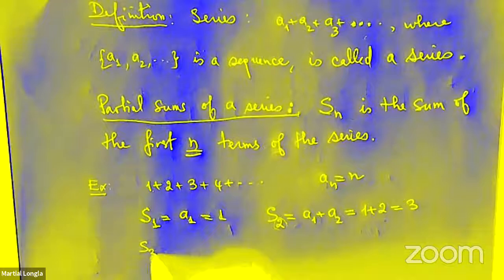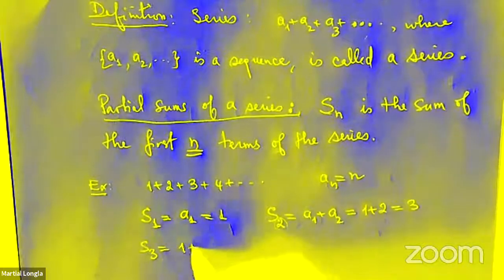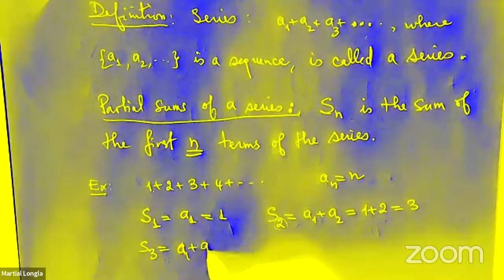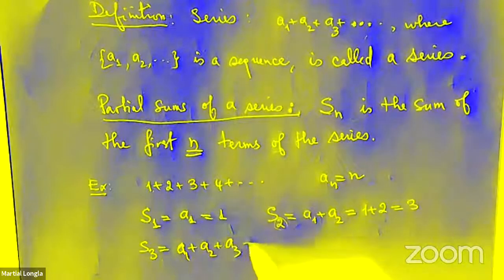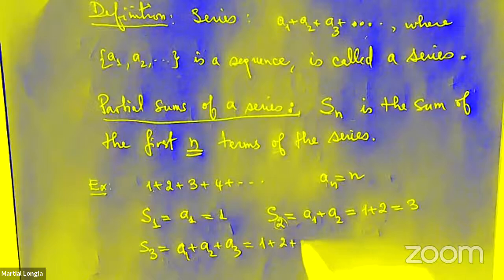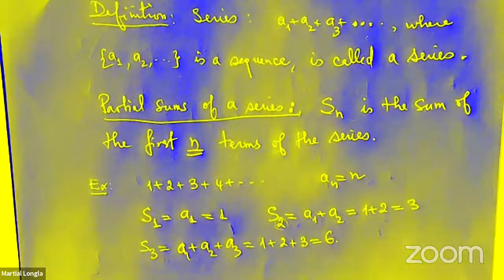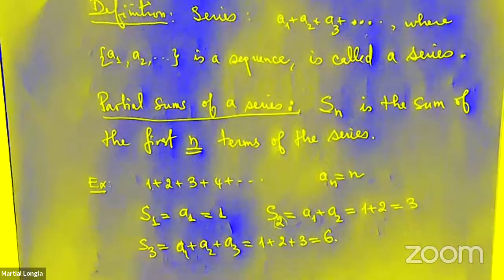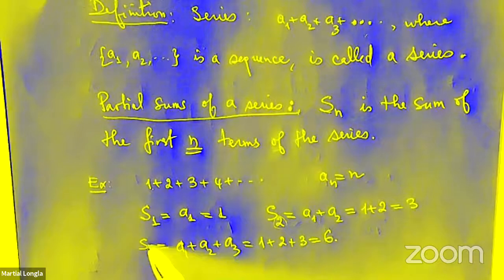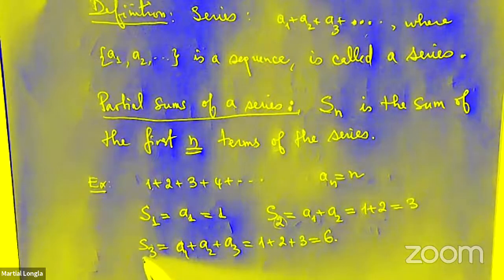And you will say S3, that's A1 plus A2 plus A3. So the sum of the first 3, that's going to be 1 plus 2 plus 3, that's 6, right? And that's how you find the S's. Just adding as many terms as the number that you have here for S.